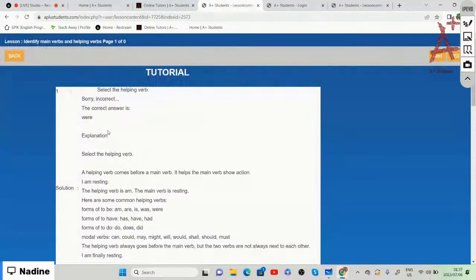We also have the common helping verbs, which are be, which is am, are, is, was, were, to have, which is has, have, or had, or to do, which is does or did. And remember, I said that the helping verb comes before the main verb. However, the two verbs are not always next to each other.